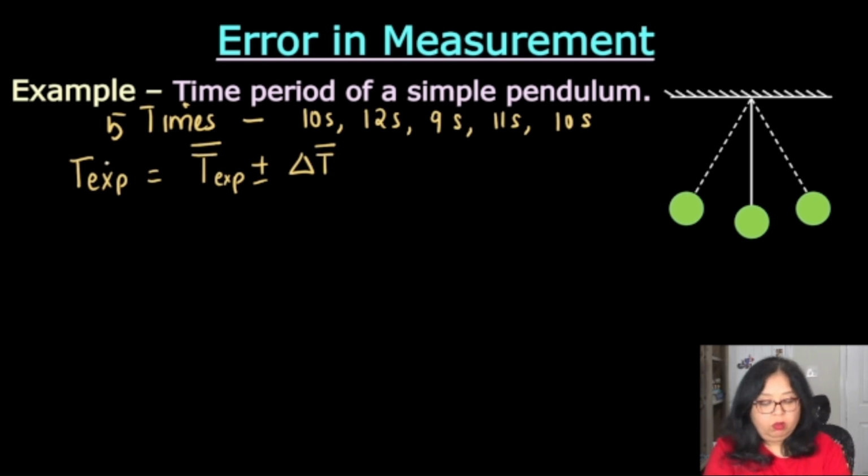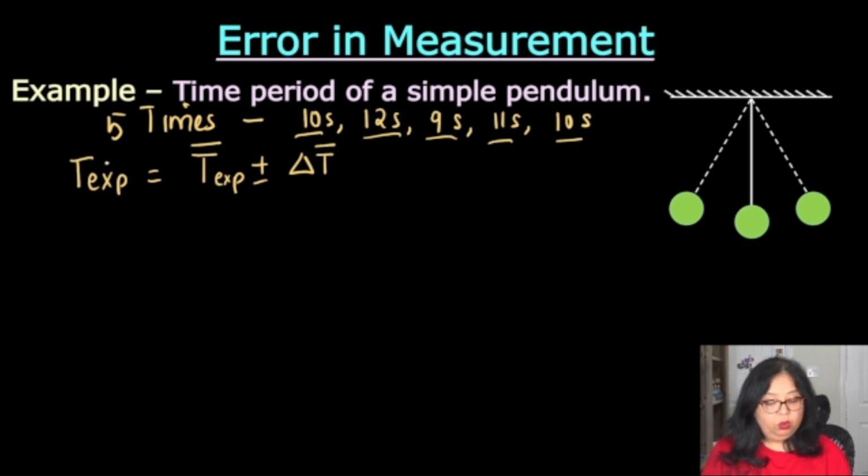So we have this simple pendulum. We want to know its time period. To get more reliable data, you will do the experiment some number of times. The more times you do it, the more accurate your data will be. So let's say you performed this experiment 5 times and this is the data that you got.